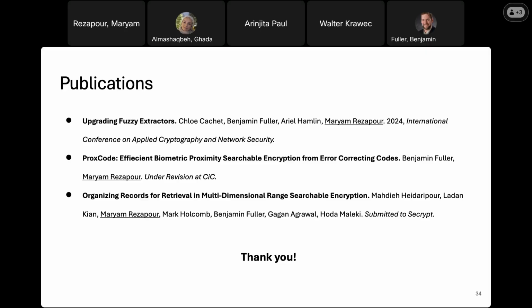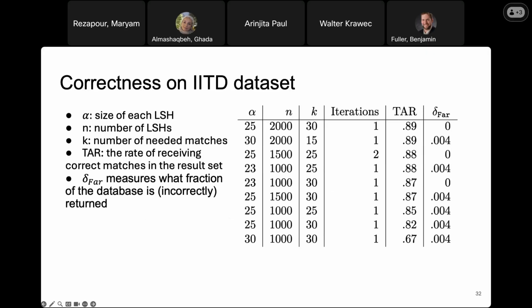All right, technical questions from the general audience? Can I have a question? Can you go back to the table of numbers, the performance results? This one? Yes. Alpha is the size of each LSH.